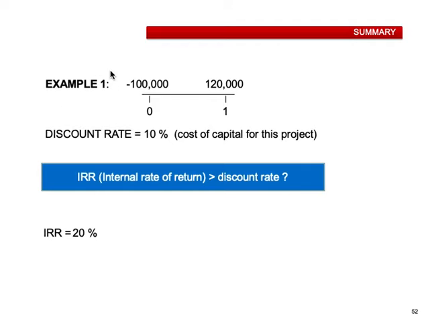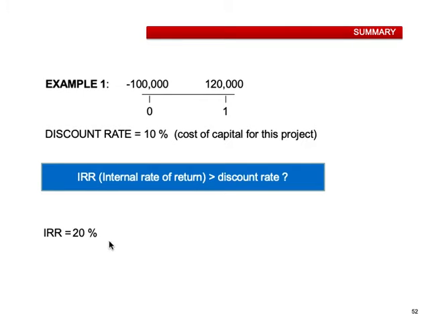Let's further look at example 1 in the context of IRR. IRR is given at 20%, which means that the total return of the project is 20%. We know that our cost of capital is going to be 10%. So on every euro that we're going to put in the project, we get 20%. But we need to pay 10%, 10 cents on the euro.